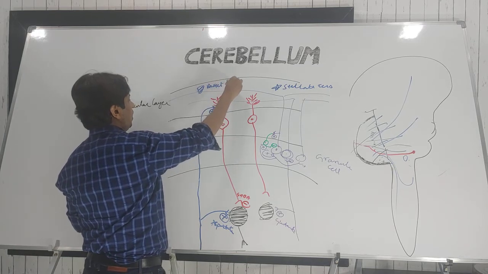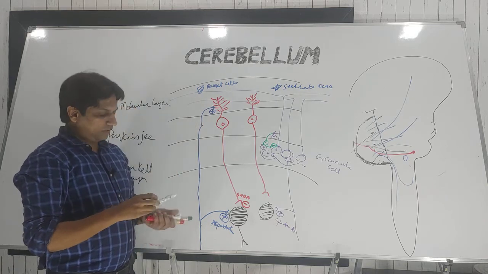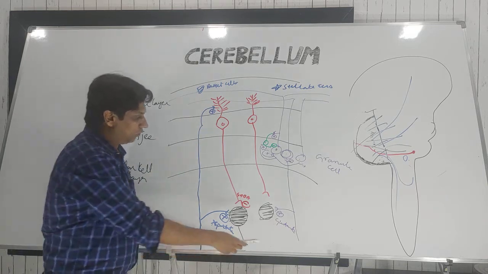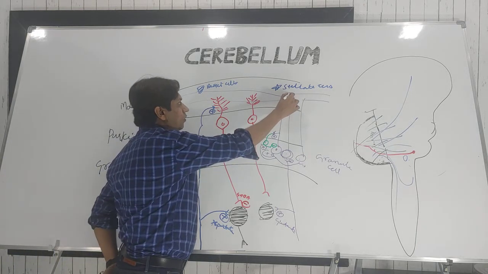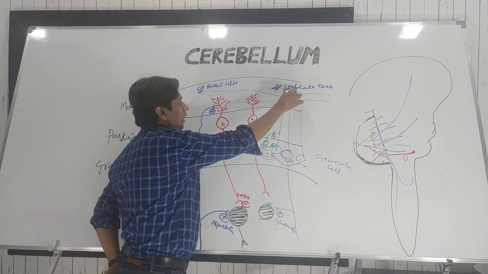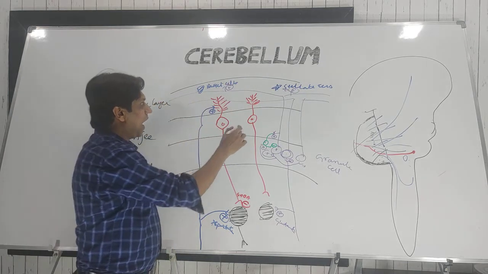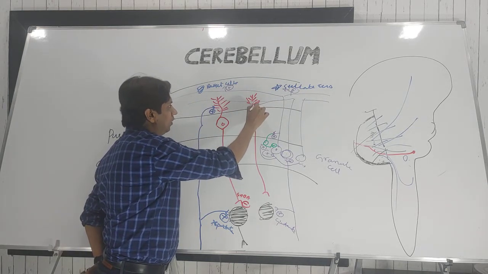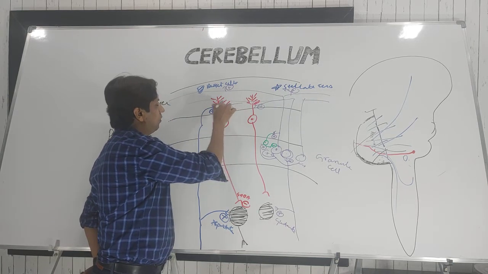So these mossy fibers which are coming to the cerebellar cortex will stimulate the stellate cells as well as the basket cells, and they will also stimulate the Purkinje cells.